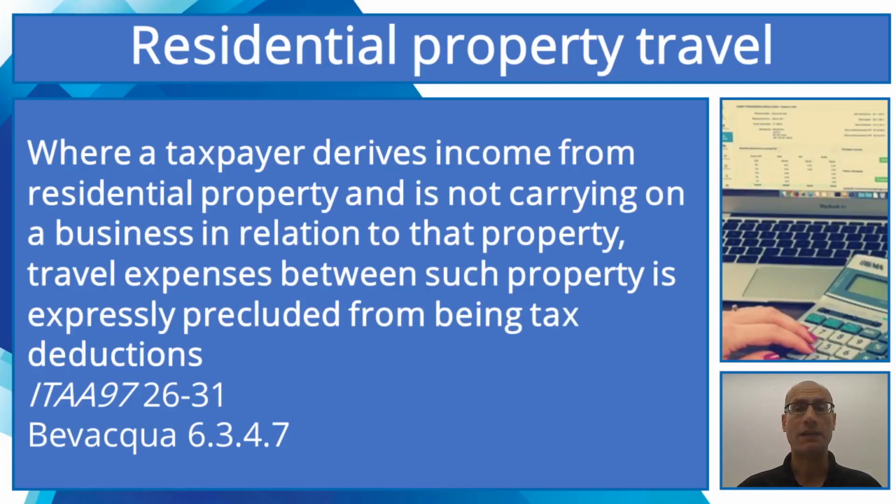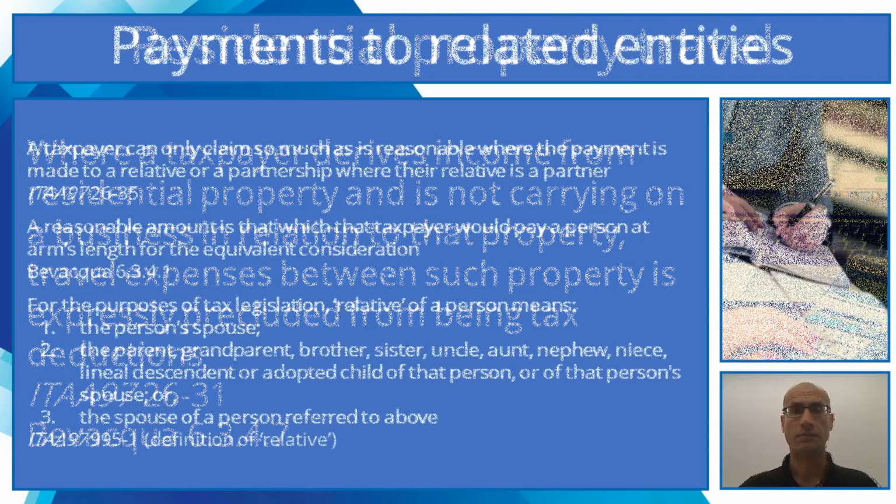And so as such, if you do have residential property, you're expressly disallowed from claiming a deduction when driving between those properties. And this is different, as we'll note at a later stage, when a person is driving between two workplaces or two places of business. That's quite a different proposition. And in those situations, you will be allowed a deduction.